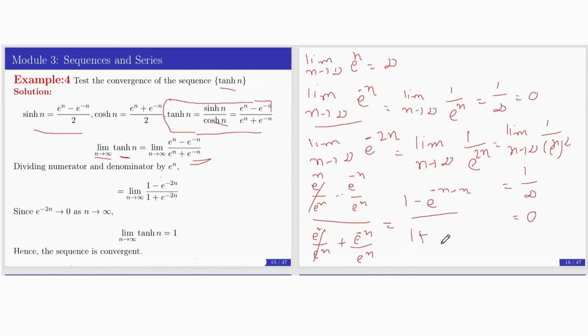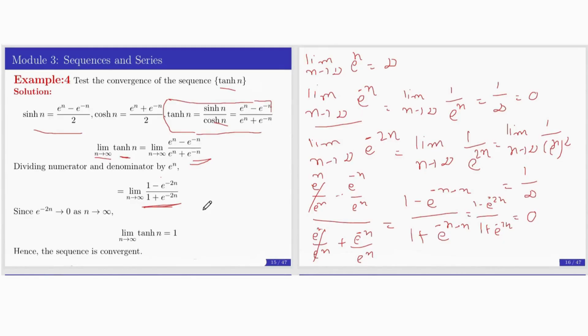So we get 1 minus e^(−2n) upon 1 plus e^(−2n). You can observe that after dividing by e^n we get this value: the limit as n tends to infinity of (1 − e^(−2n)) / (1 + e^(−2n)).